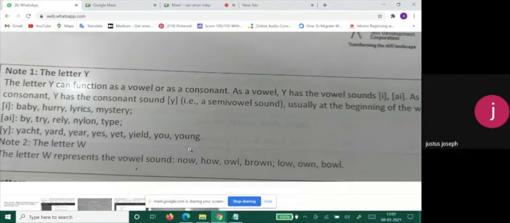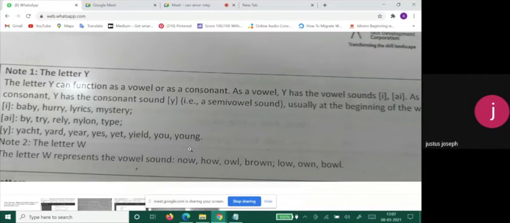Then the second sound is I: buy, try, rely, nylon, chai, right? All of these sounds are I. Then the third sound, Y: yacht, yard, year, yes, yet, yield, you, young.